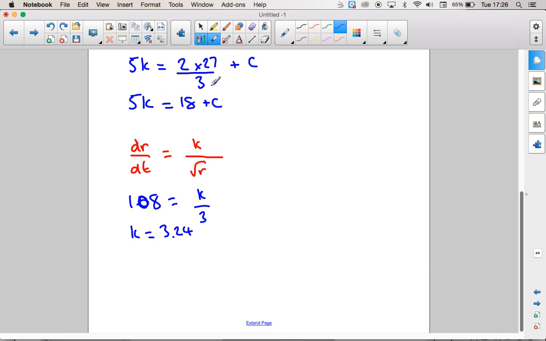And then we can go back and put that into this equation to work out c. So c is 5k minus 18, which is minus 1.8.